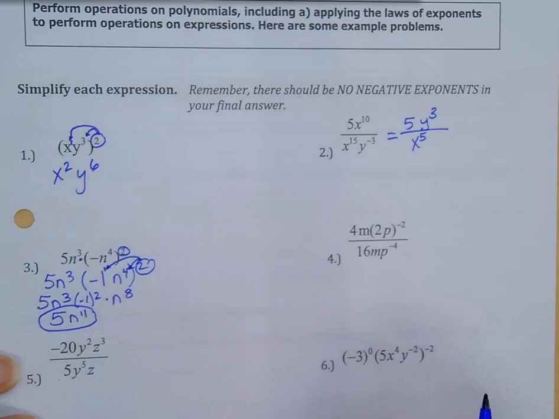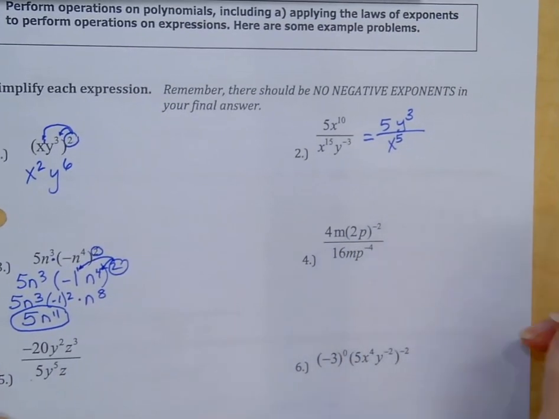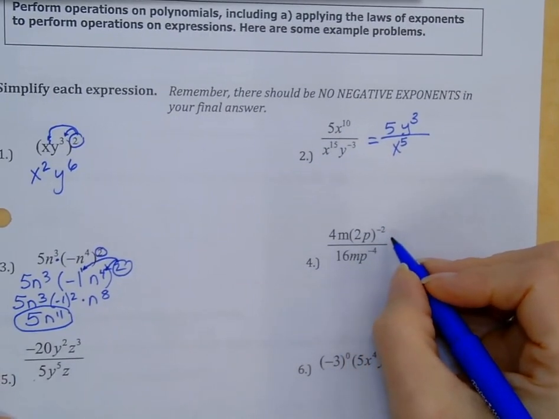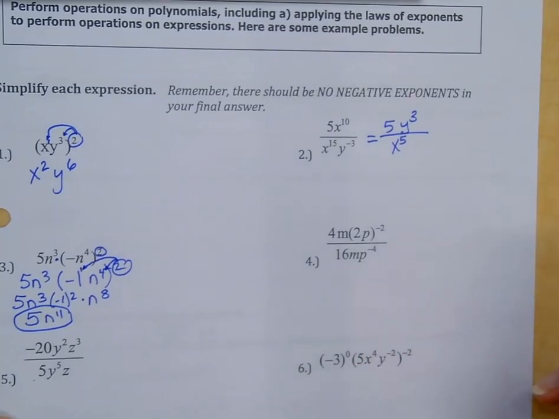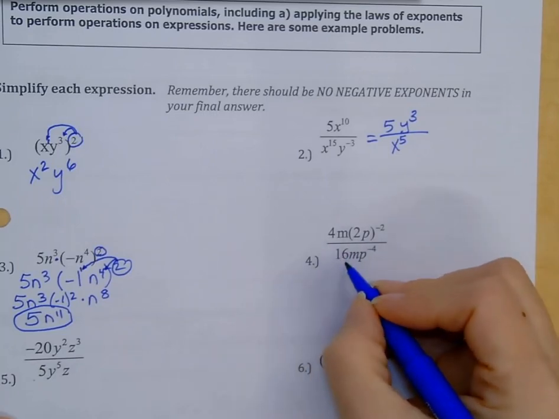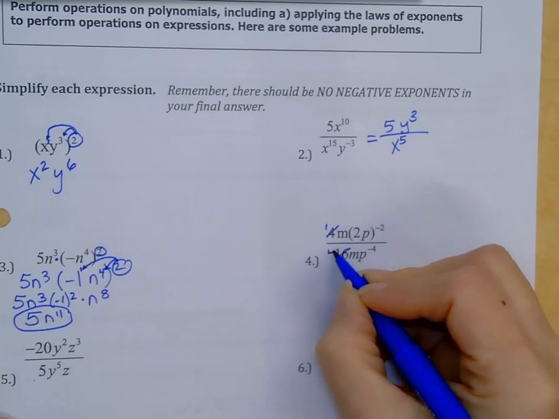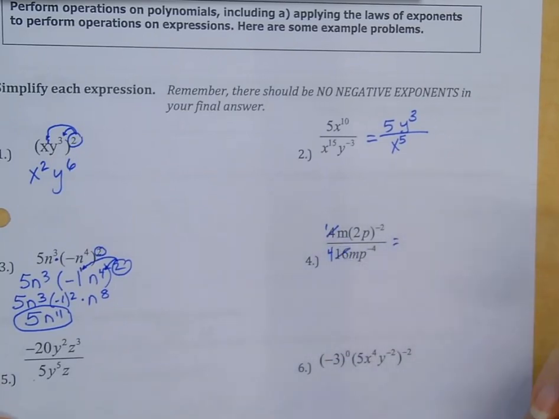Okay, number 4. I think I'm going to move my things that have negative exponents into new locations so that I have positive exponents. I'm also going to simplify. 4/16 we know is the same as 1/4. Okay, so I'm going to rewrite this now that I have simplified my numbers.